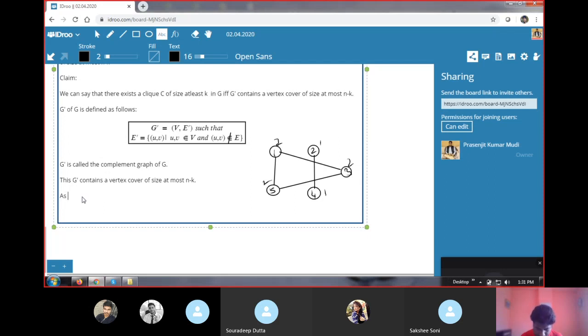As C is a clique of size mod C, we do not know its size, so mod C. As C is a clique, C is a complete subgraph.